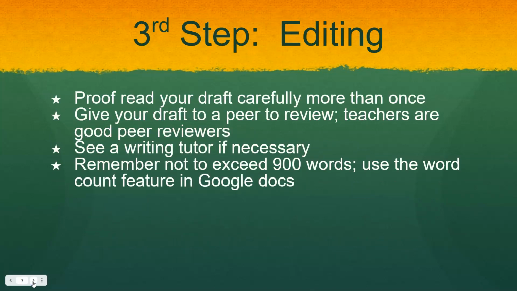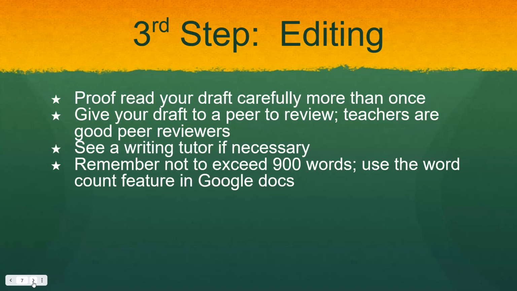The third step is editing, so you want to proofread your draft carefully and do so more than once. I highly recommend giving your draft to a peer to review outside of class. We will be doing this in class. And keep in mind that teachers are excellent peer reviewers. You can also see a writing tutor. You have access to free tutorial services as students at the college.